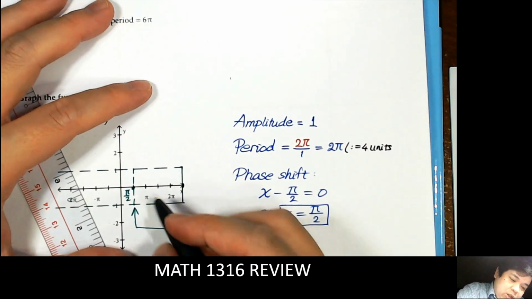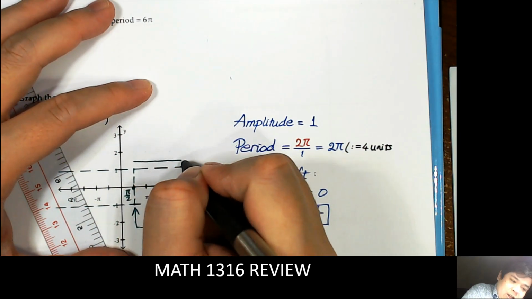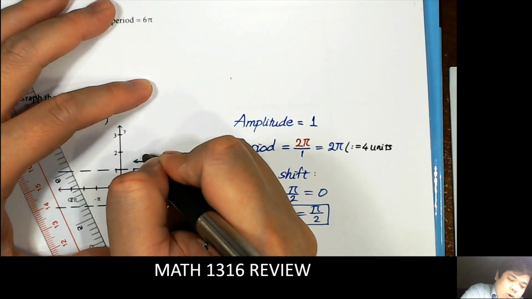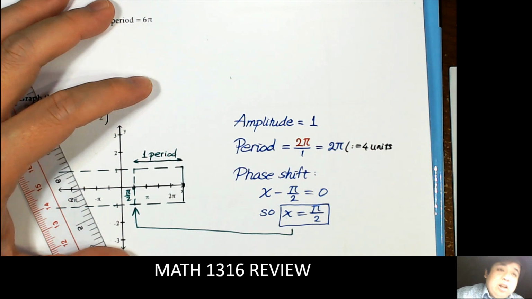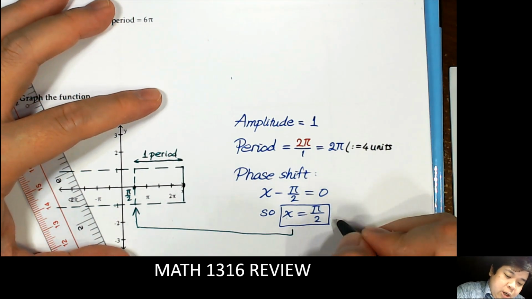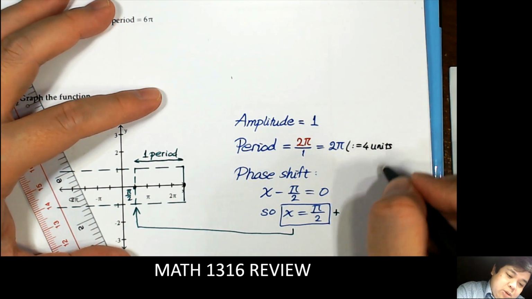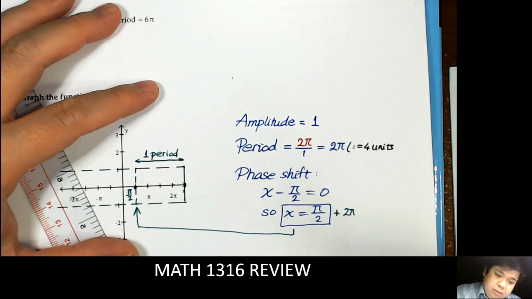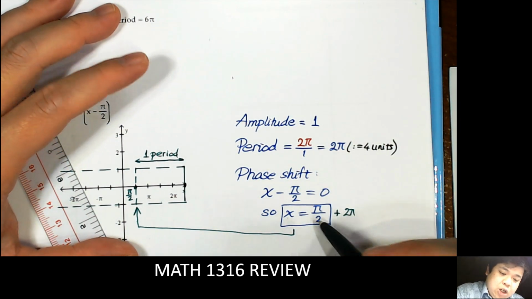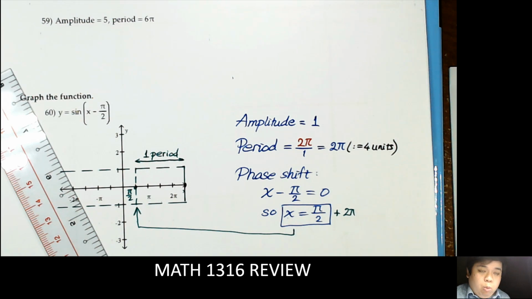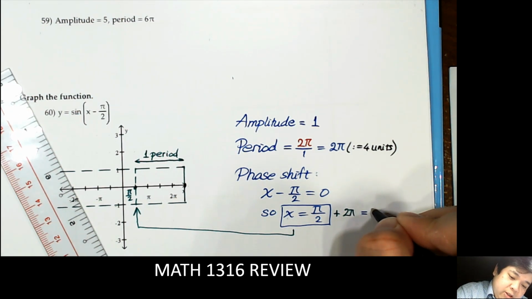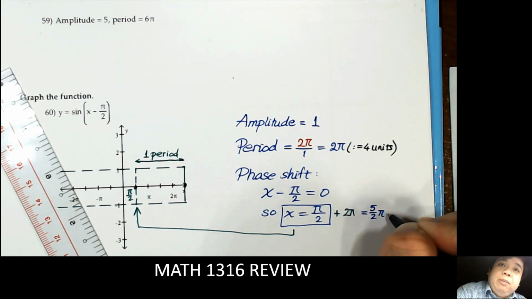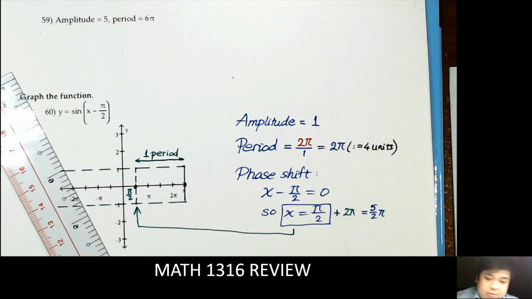So that is where we start, and this is the length of 1 cycle or 1 period. If we want to know what this point is, all we do is just add a period to it. 2 and 1/2 gives us 2.5, which is 5/2 pi. So this is 5/2 pi.